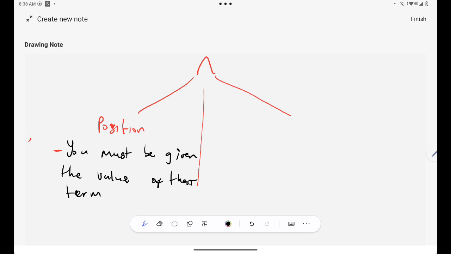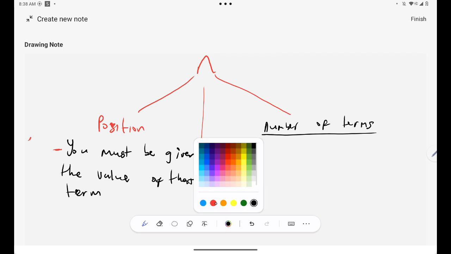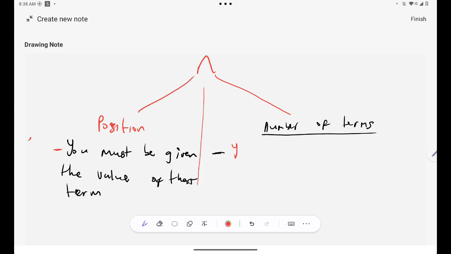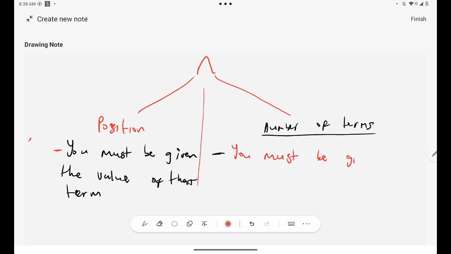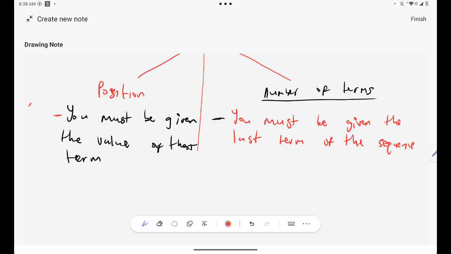Are we together? But if you want to focus on n and you want to get the number of terms, the total number of terms in the sequence, you must be given the last term of the sequence. Right, together.